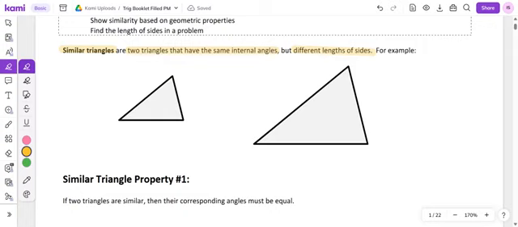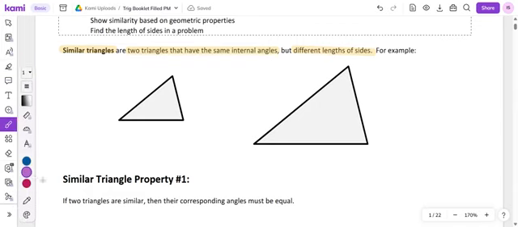Sure, but they're also congruent. They're identical, right? So the beauty of similar triangles is that they don't need to have the same side lengths. Okay, so before we start, I must teach you how to label triangles.